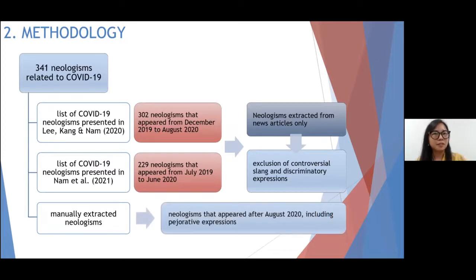So in this study, we also looked into users' comments in addition to news articles, and we decided to include all types of language, including pejorative expressions. And of course, we also added neologisms that appeared after August 2020, which is the last month of extraction in both studies.